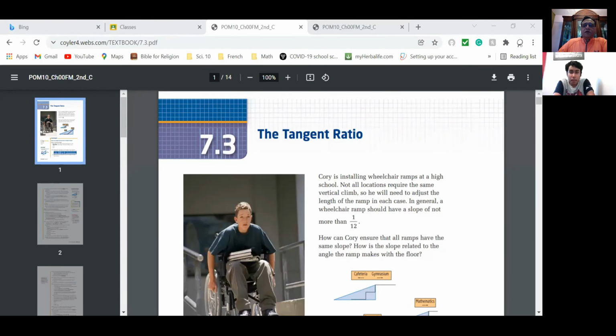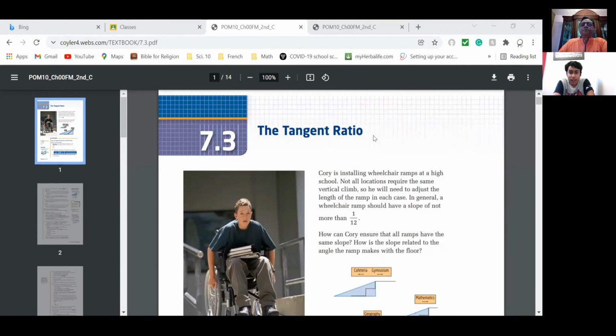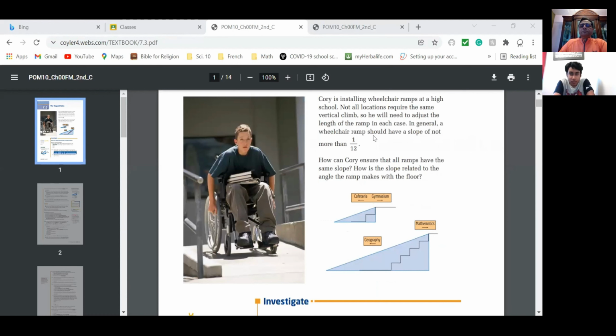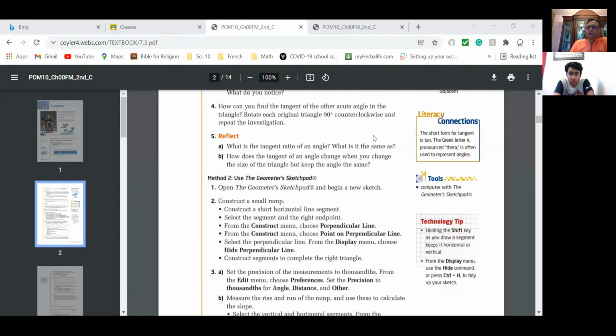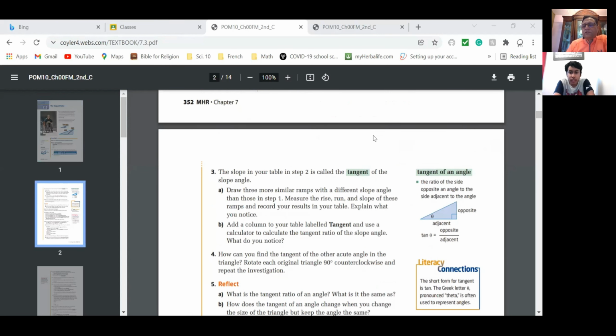Okay, so today what do you want to learn? Sir, today I'd like to learn about the tangent ratio. Okay, so do you have something to share? Yes, sir. Can you see my screen, sir? Yes, I can. Here we are showing you slope and telling you what is tangent ratio.